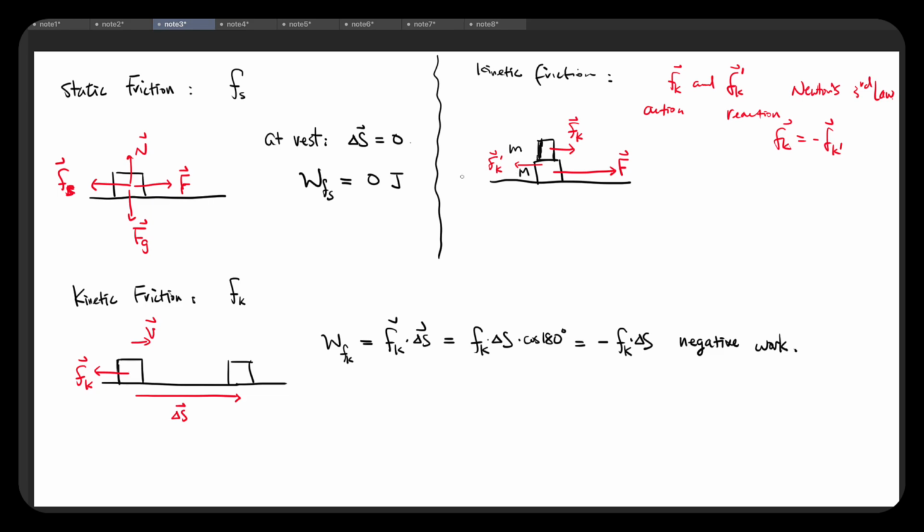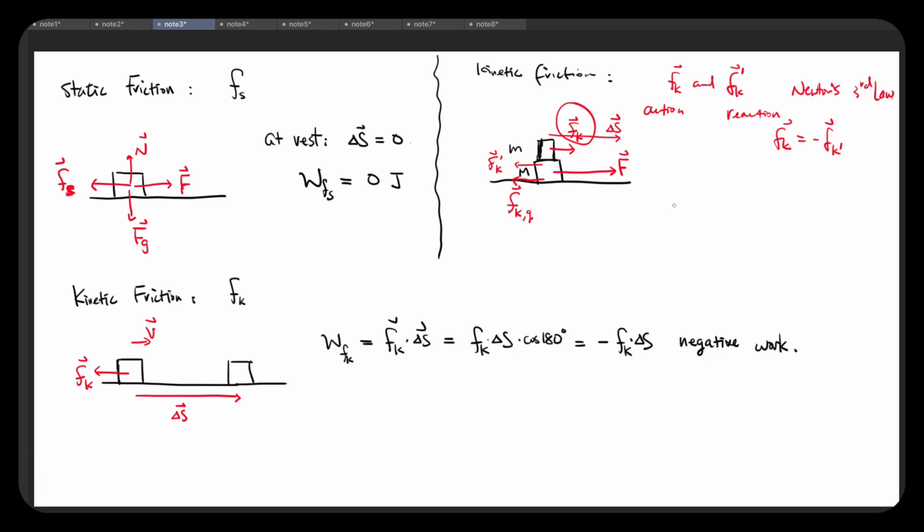Now, of course, as I said, from the ground surface, there's also an Fk. Let me call this Fkg. That's from the ground, acting on big M. But again, we're not interested in this one. We're interested in the Fk acting on the little m. Now, suppose that the little m here has a displacement delta S, in this way.